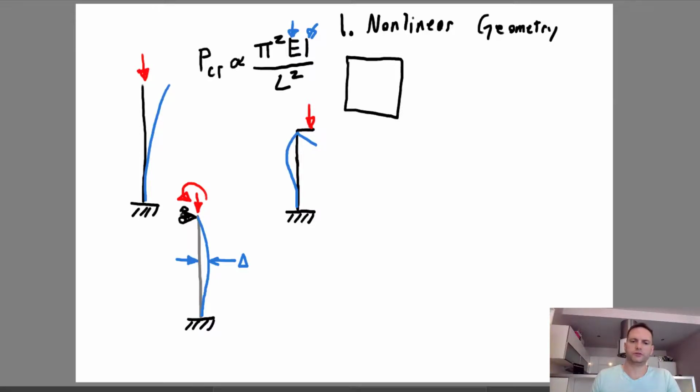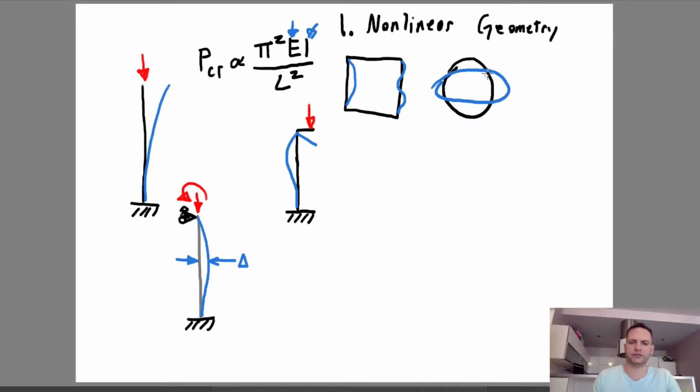and you load it up, maybe it distorts a little bit like this, maybe you get some waviness in it. Maybe if you have a circular cross section like this, it goes oval, elliptical on you like that.